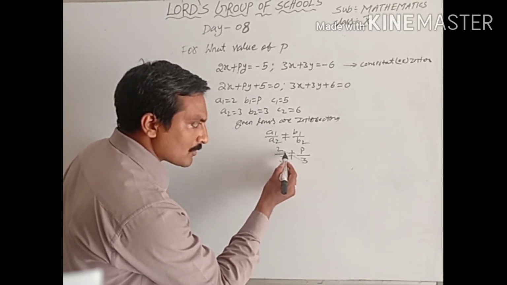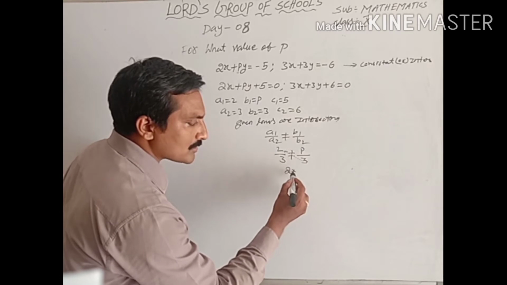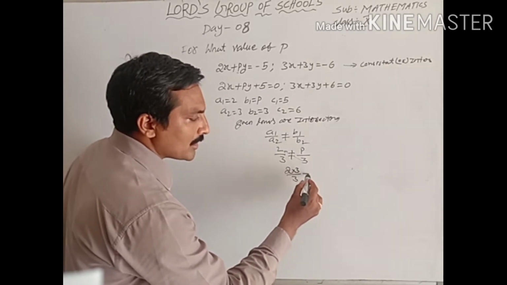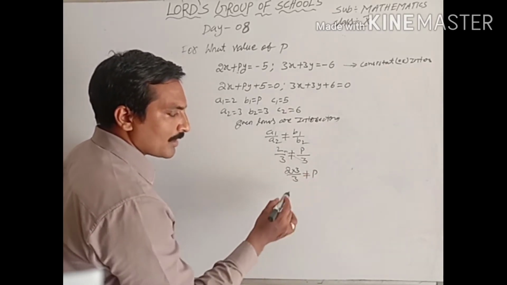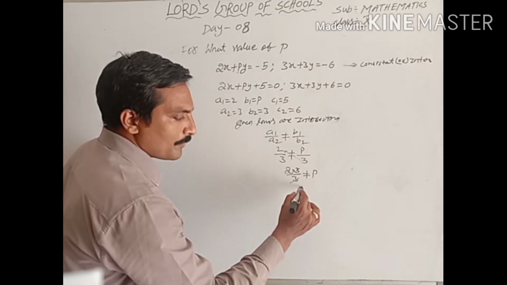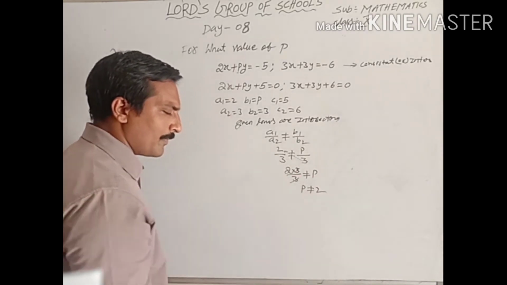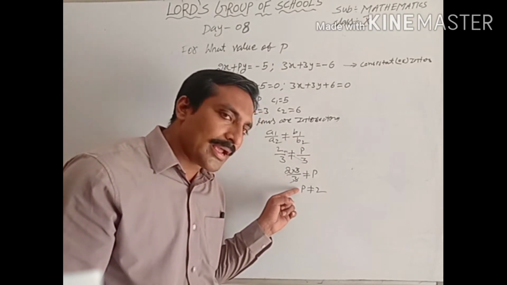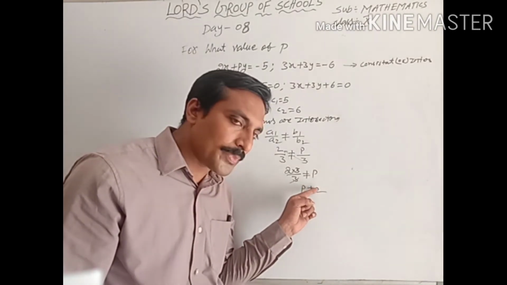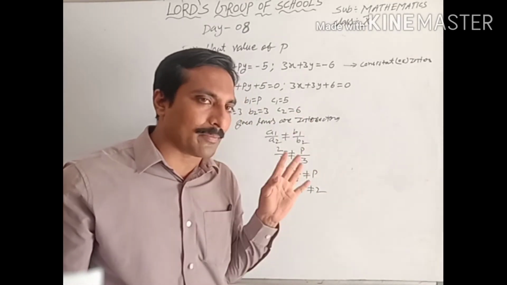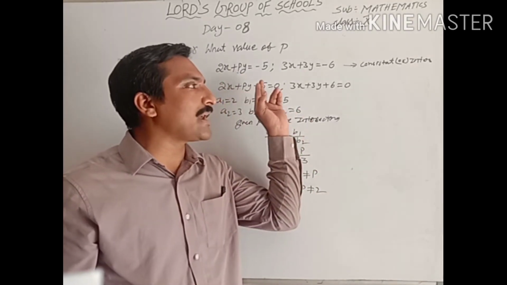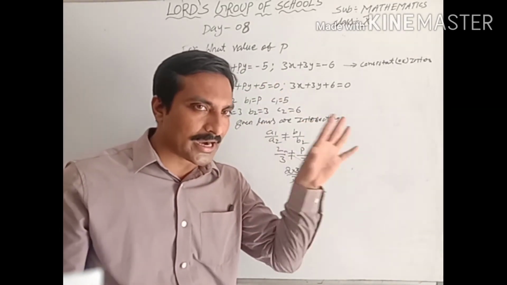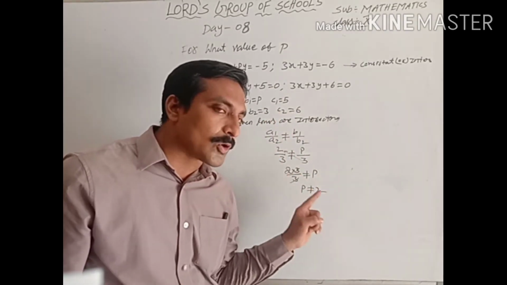Transfer this here: 2 into 3 by 3 is not equal to P. 3 will be cancelled. P is not equal to 2. What is the meaning? In the place of P, except 2, you take any other number. These two lines are always consistent except 2.